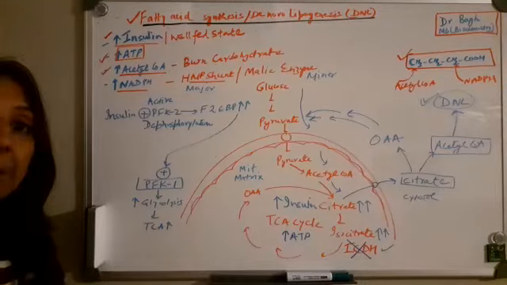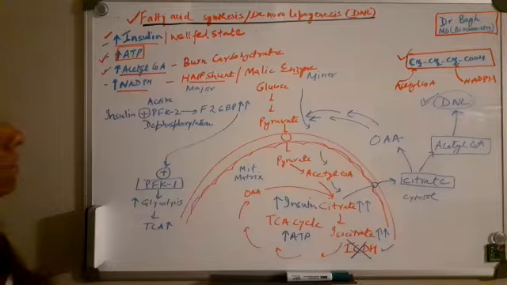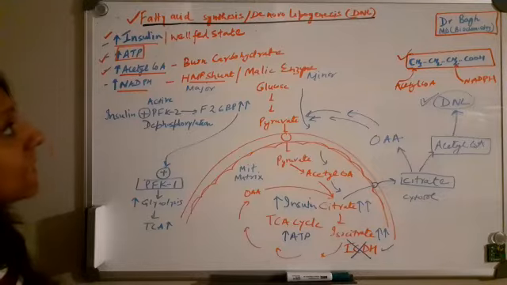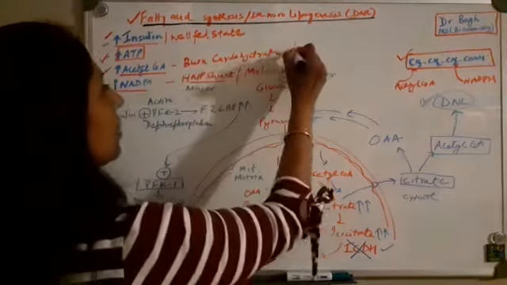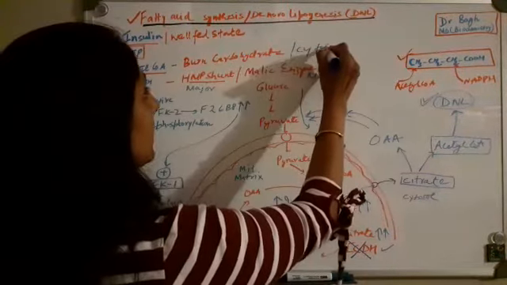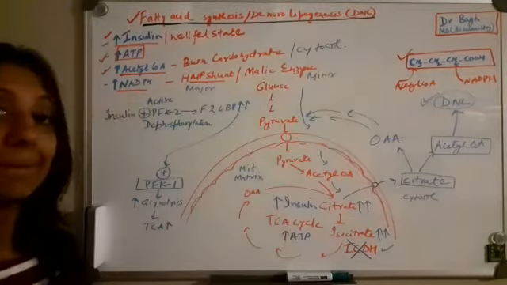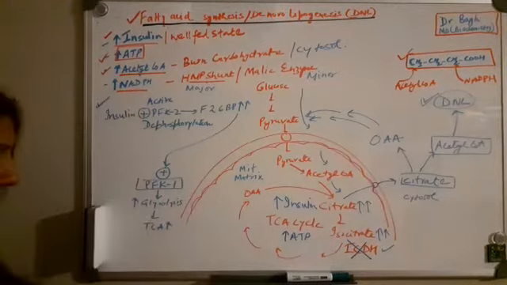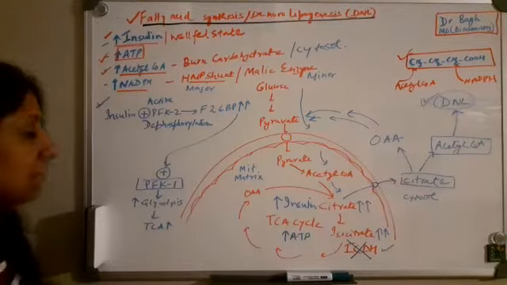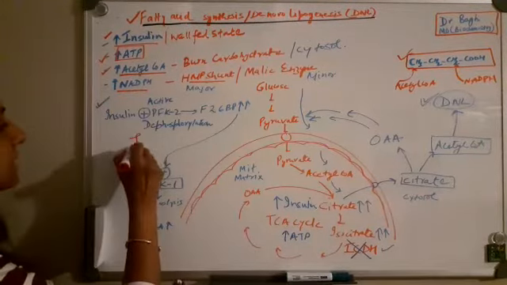Where is this happening? Because as I told you, fatty acid synthesis is a cytosolic process, and that is why you need acetyl-CoA in the cytosol. The major site of fatty acid synthesis is the liver, minor is adipose tissue. So this regulation is actually happening in the liver, because in the liver there is major fatty acid synthesis.